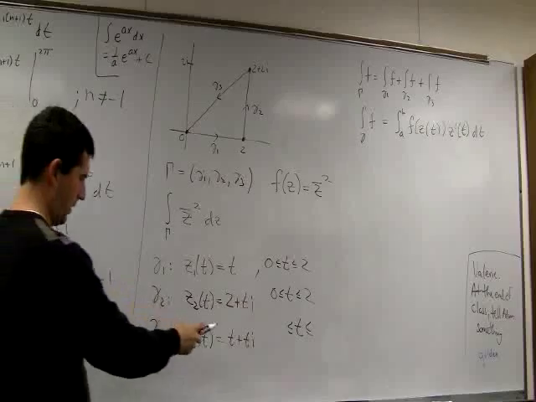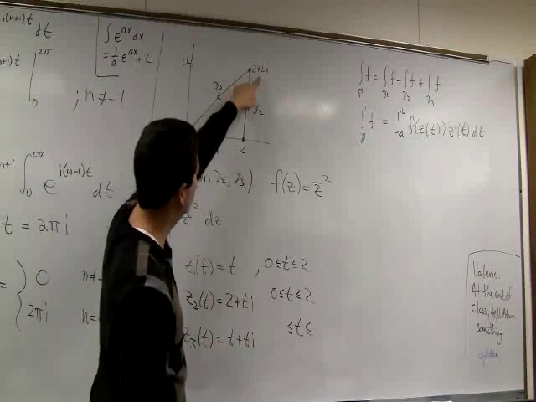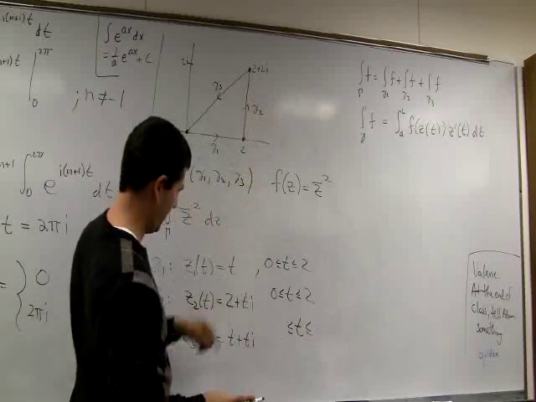Well, actually there's a bit of a problem there, because we want to start backwards, at 2 plus 2i.